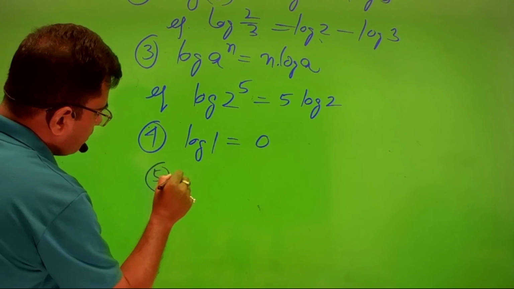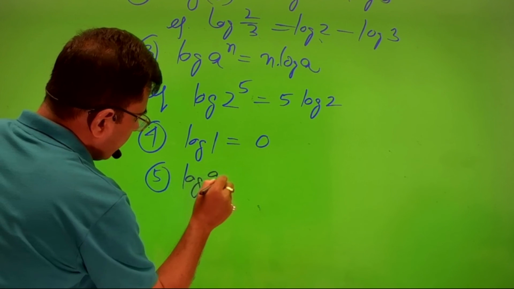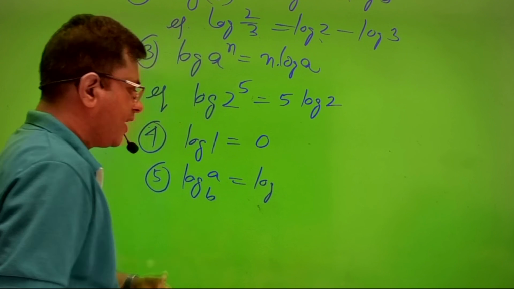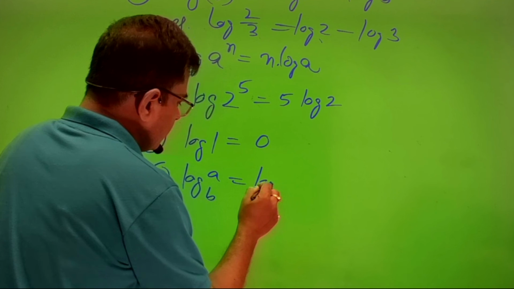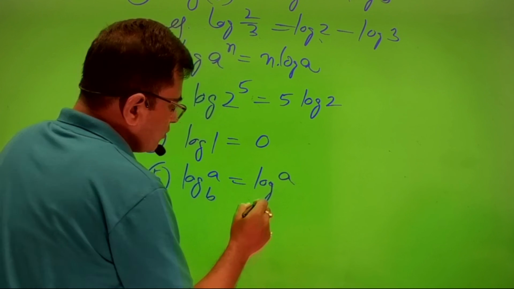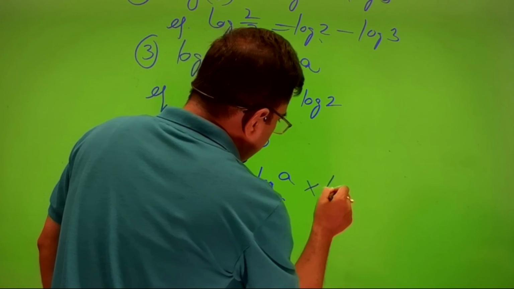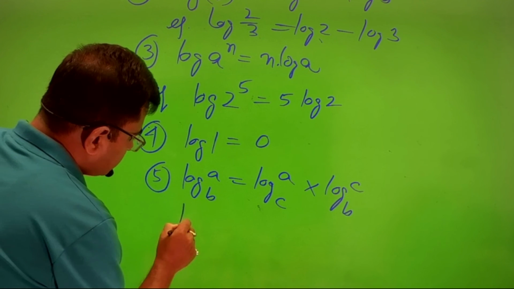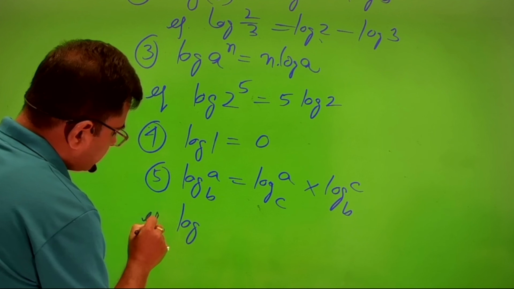The fifth property is log of a to base b equals, we can introduce another number c, log of a to base c into log of c to base b. This is how we can write it. Let us take an example.